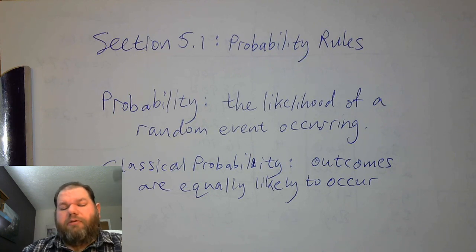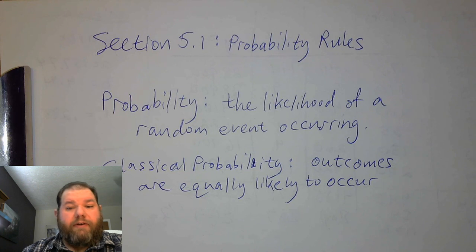Basically, when we roll a pair of dice and we add up the sum on the dice, we know it's going to be any number between 2 and 12, and some numbers are more likely to occur than others based on the different combinations that are possible on the dice. If we flip a coin, we know it's either heads or tails.